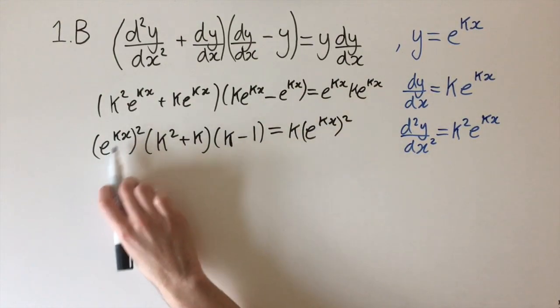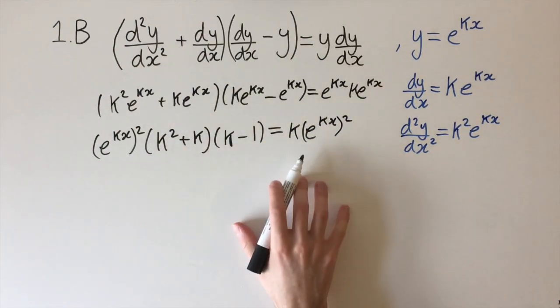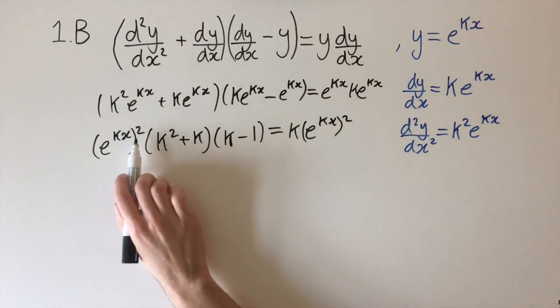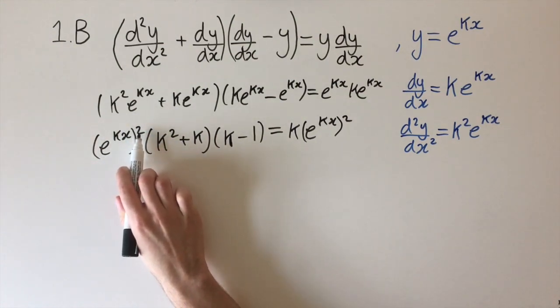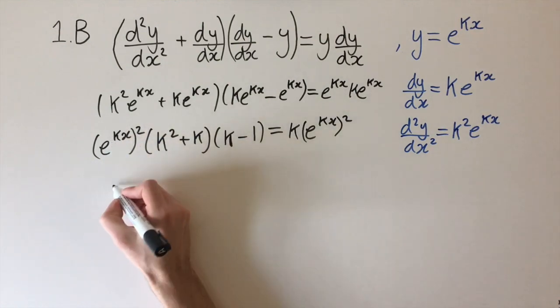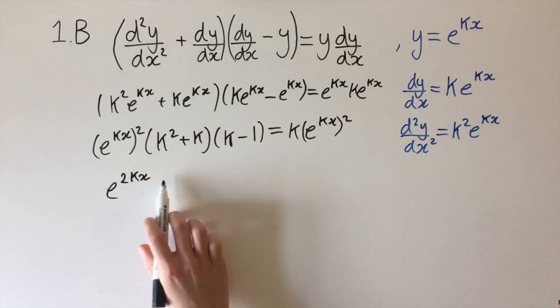So now we have e to the kx squared on both sides. We can put everything on one side and simplify. Just remember, when we're squaring an exponential, we can bring the 2 to the front, so we have e to the 2kx. This is just the laws of indices.